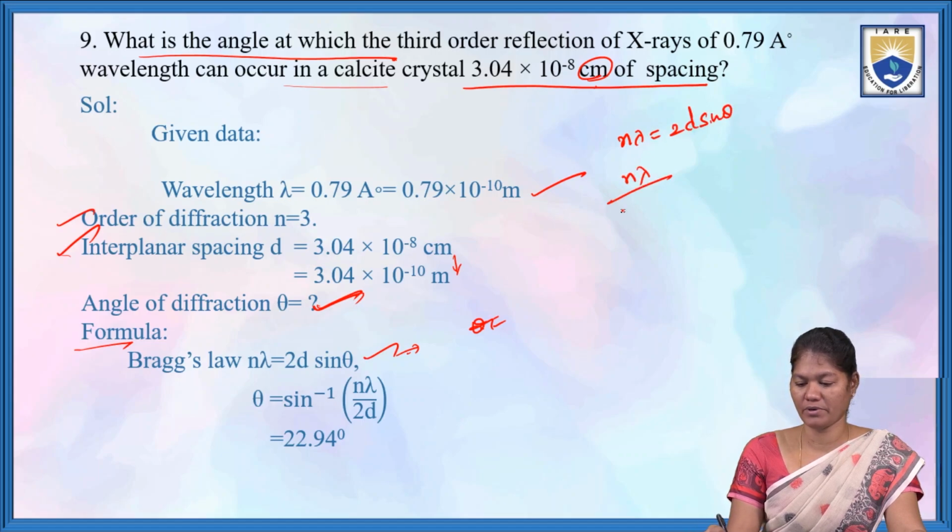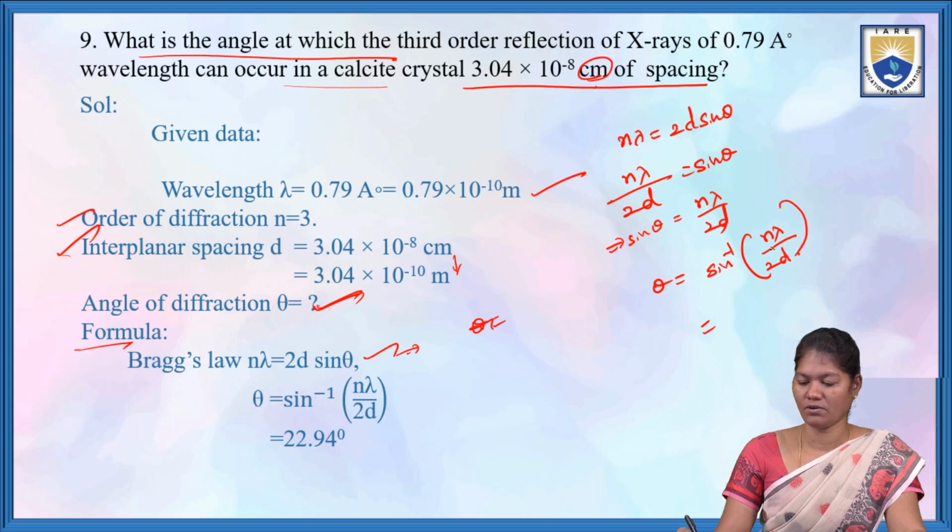So n lambda by 2d is equal to sin theta, and theta is equal to sin inverse of n lambda by 2d.